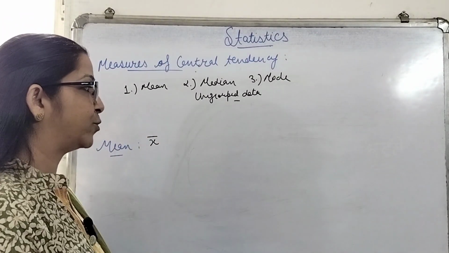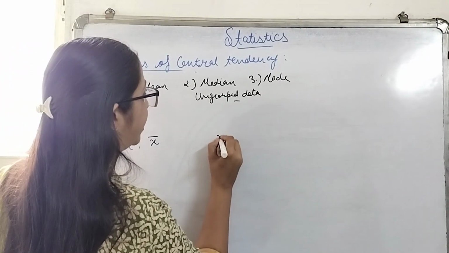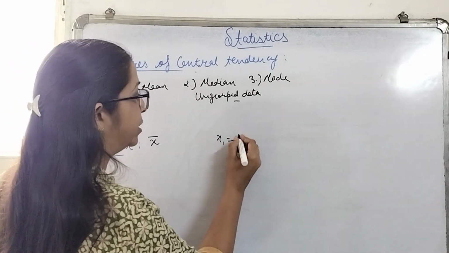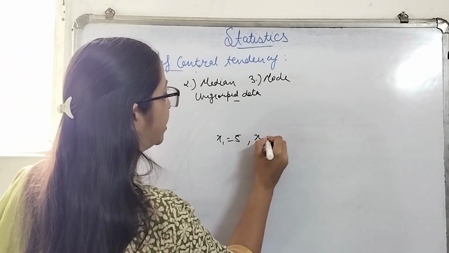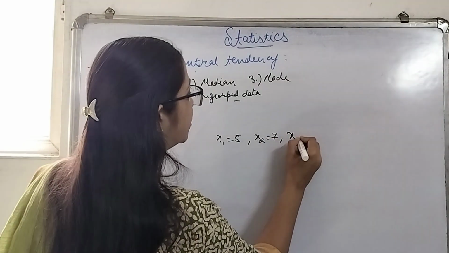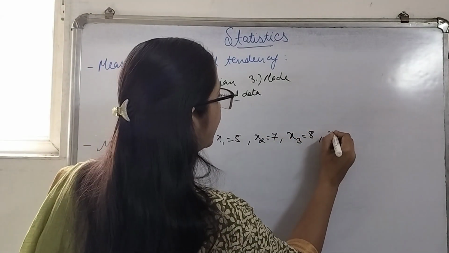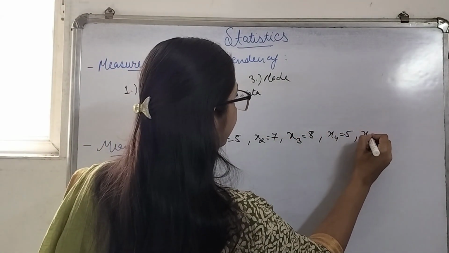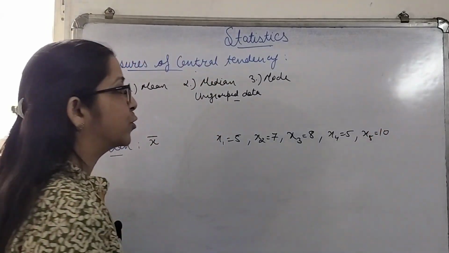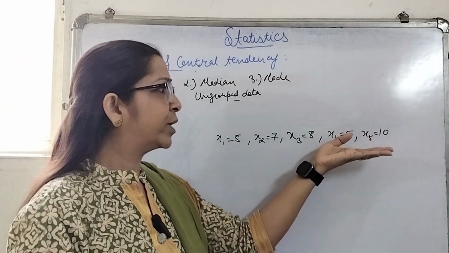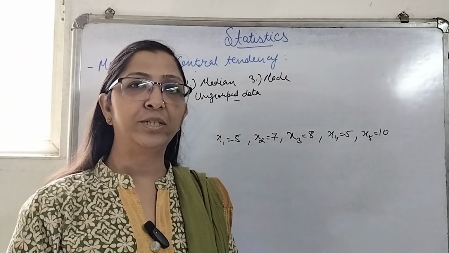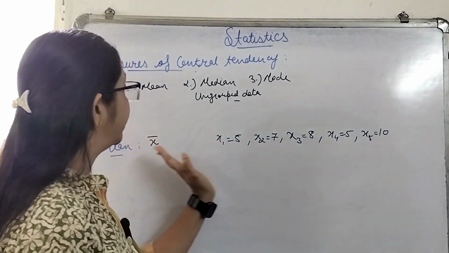If there are 5 observations, suppose your x1, the first observation, is 5, the second observation is say 7, the third observation is say 8, the fourth observation is again 5, and the fifth observation is your 10. So we have 5 observations, or you can say these are marks of 5 students out of 10. Then what will be the mean?